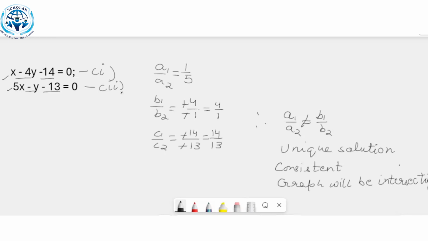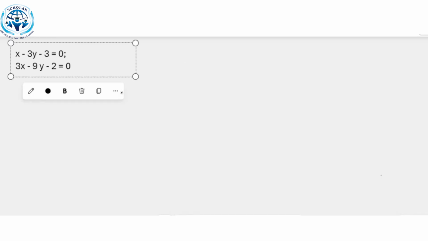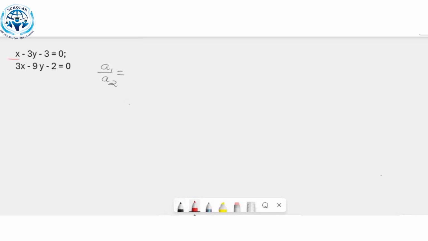The equations were already in the standard form. We will move to the third pair of equations now. The pair of equations here also is in the standard form. So we will directly find out a1 upon a2, which is equal to 1 upon 3. b1 upon b2 is equal to minus 3 upon minus 9, which is equal to 1 upon 3. c1 upon c2 is equal to minus 3 upon minus 2, which is equal to 3 upon 2.